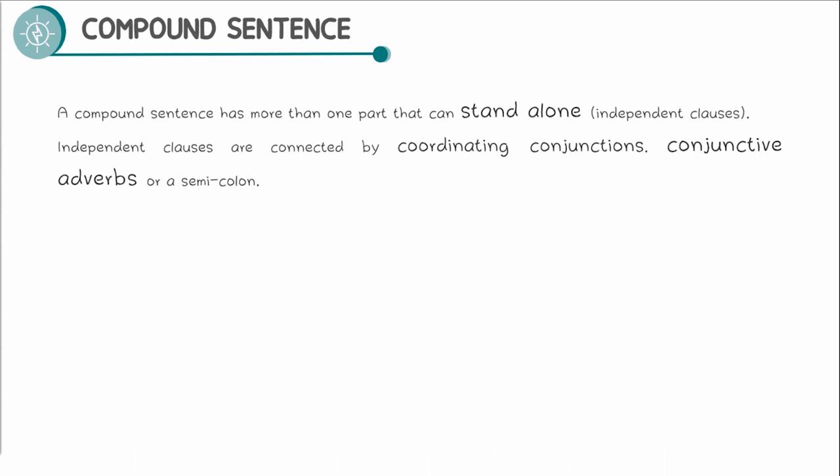A compound sentence has more than one part that can stand alone, or independent clauses. Independent clauses are connected by coordinating conjunctions, conjunctive adverbs, or a semicolon.